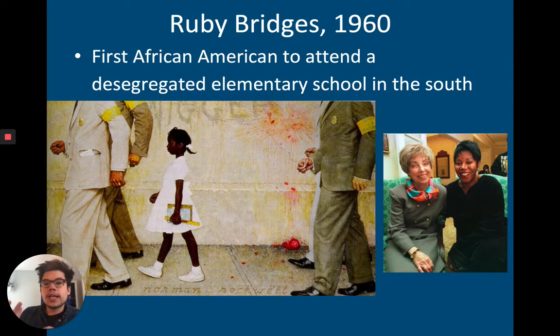We also have the first African American to attend a desegregated elementary school in the South, and that's Ruby Bridges. So Ruby Bridges was required to attend an African American elementary school in 1960, right? 1960.